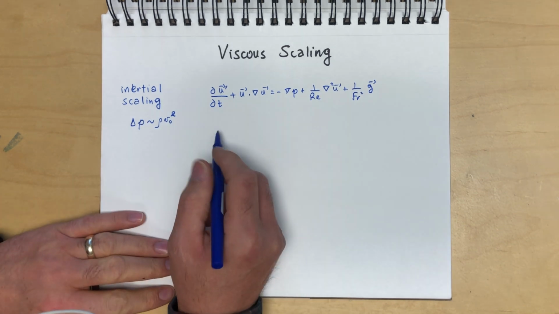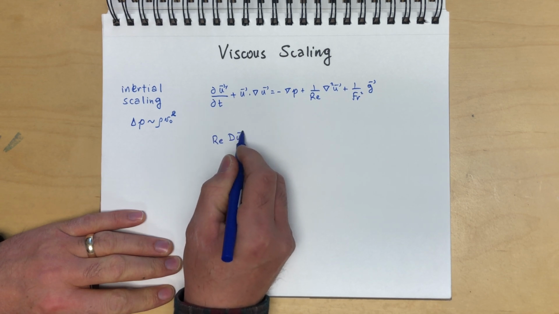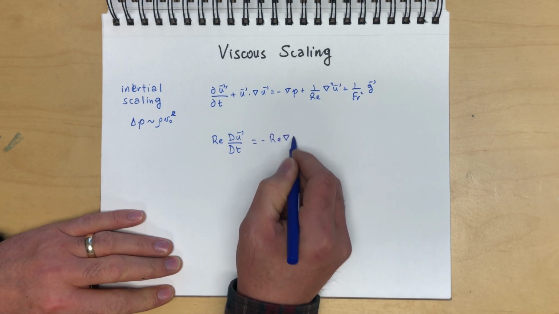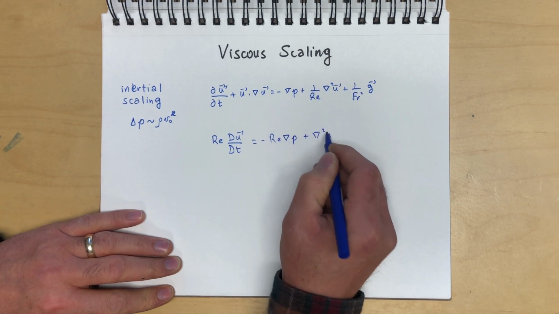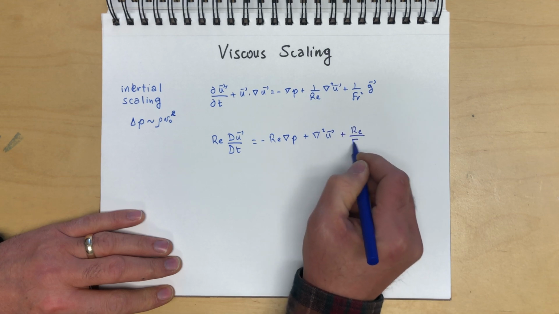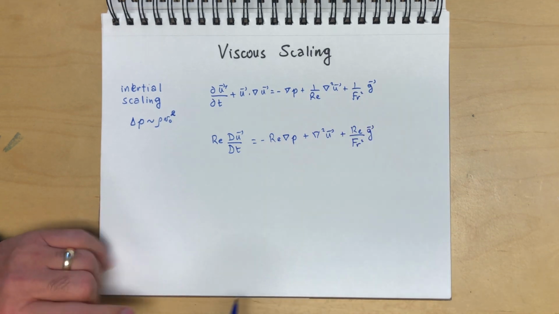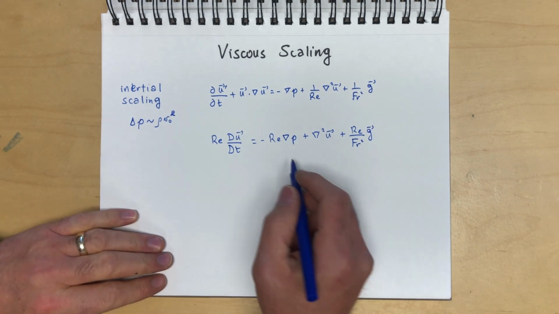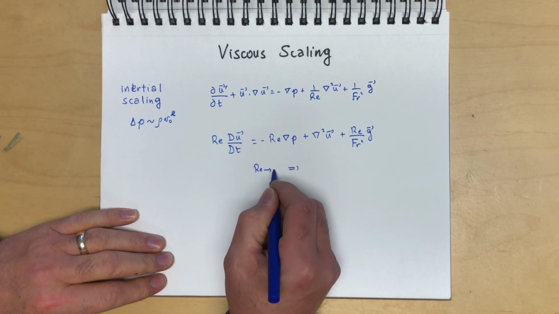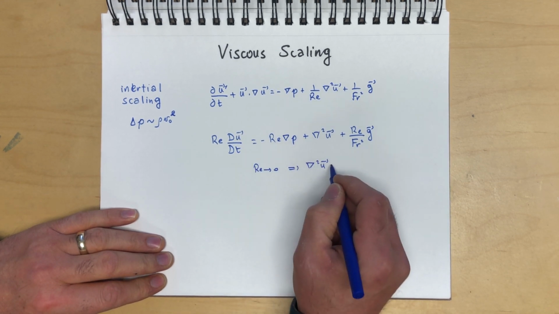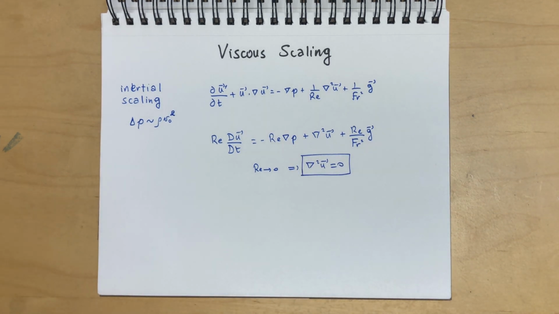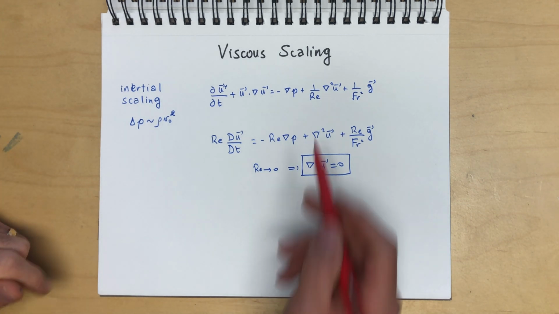If that's the case, then you would get Reynolds number times the material derivative of U equal minus Reynolds number grad P plus del squared U plus Reynolds over Froude squared G. And if Re goes to 0, this implies that del squared U is equal to 0.